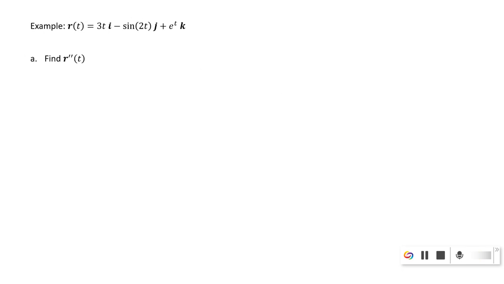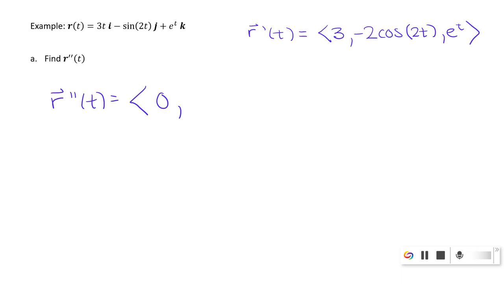We can find the second derivative of this function by just taking the derivative of the derivative. In the previous example, we found the derivative to be 3, negative 2 cosine 2t, e to the t. So for the second derivative, I just take the derivative of each of those components. The derivative of 3 is 0.